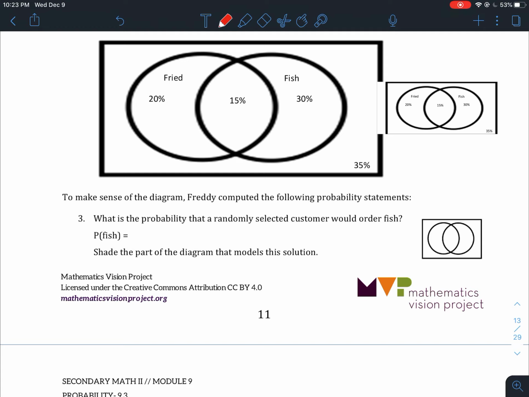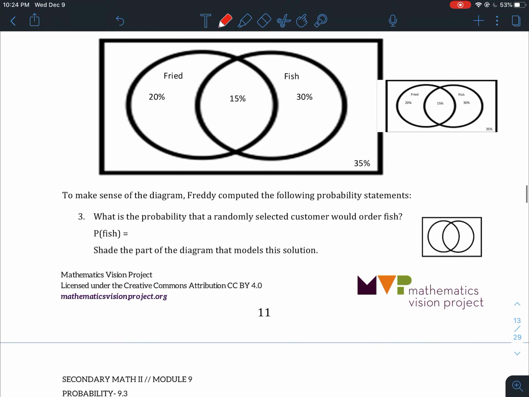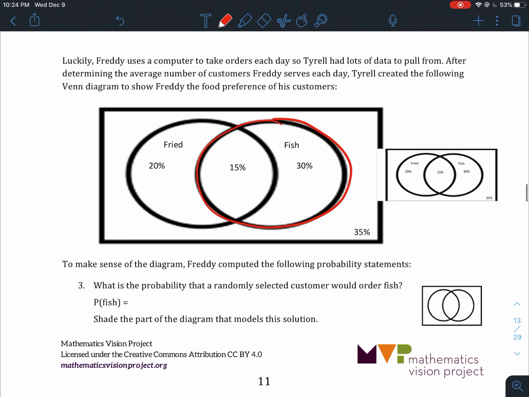In this case, instead of giving actual numbers, they gave percentages, so this is very easy. What's the probability that a randomly selected customer would order fish? This circle is our fish circle. So we have fish, fried, and then the other options are chicken and grilled, the other two options for this survey.